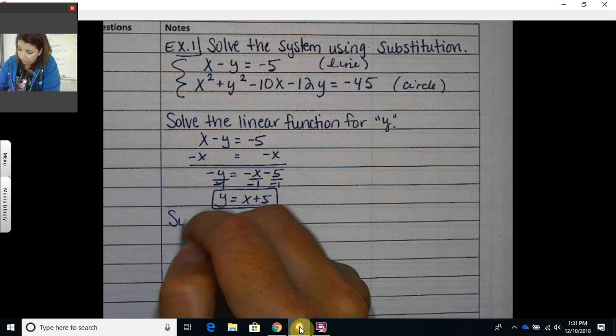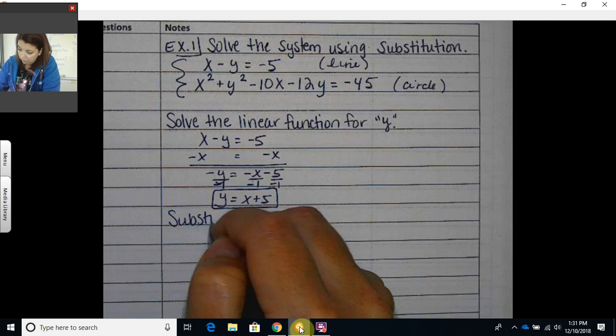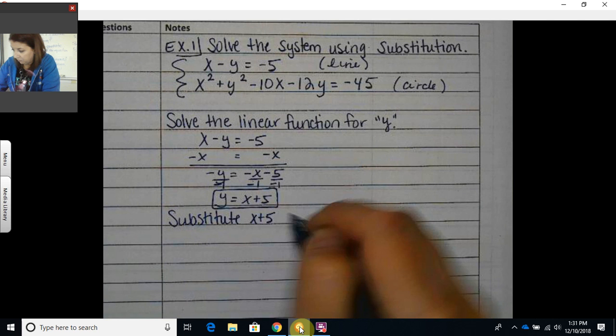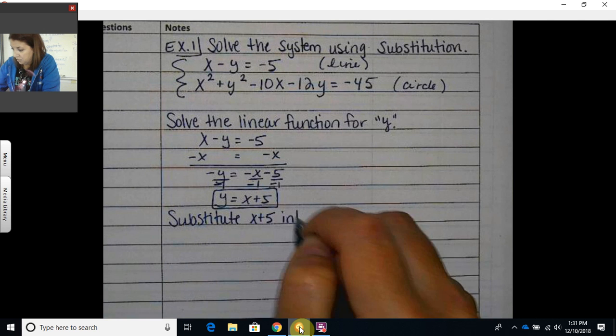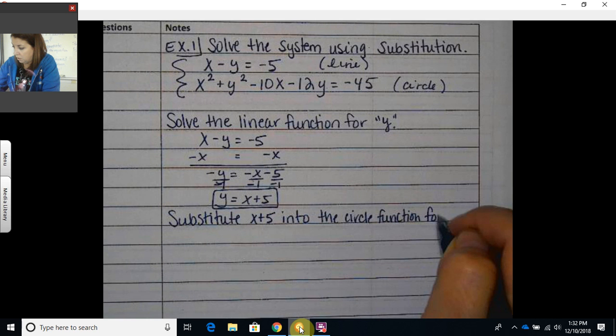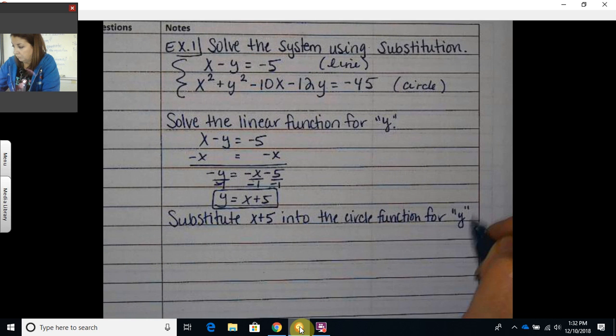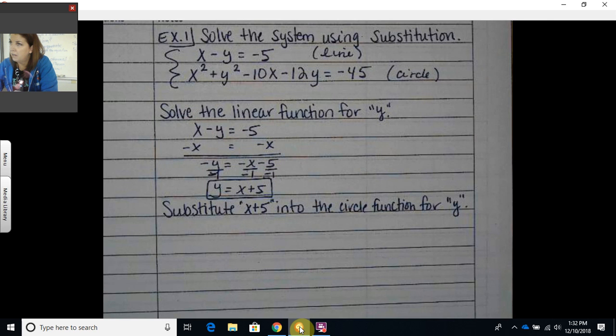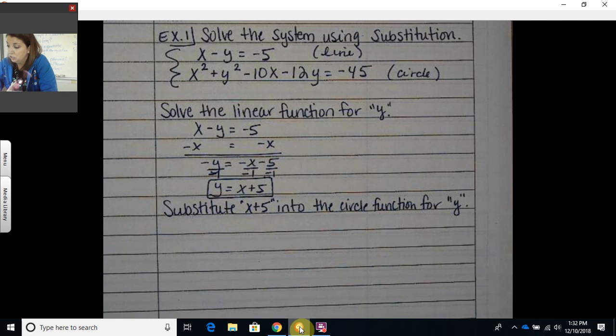Substitute x plus 5 into the circle function for y. Now, you're not going to plug in x plus 5 for every function. That's just, in this function, it's x plus 5. If y was equal to 2x minus 3, then you substitute in 2x minus 3.